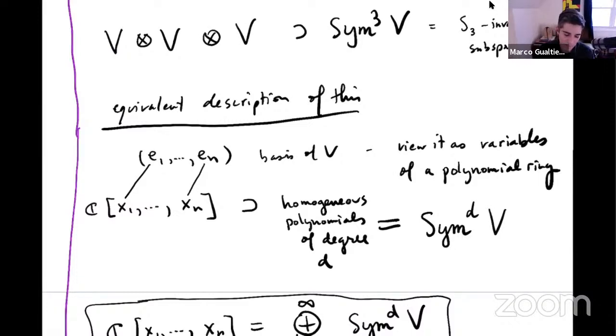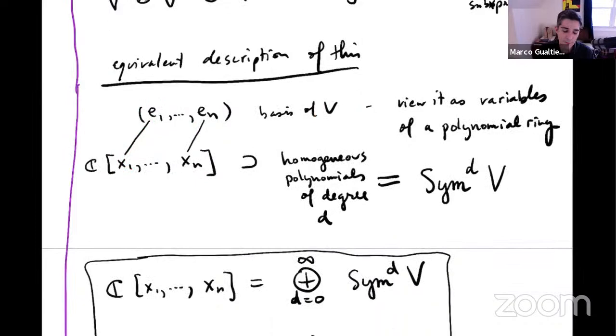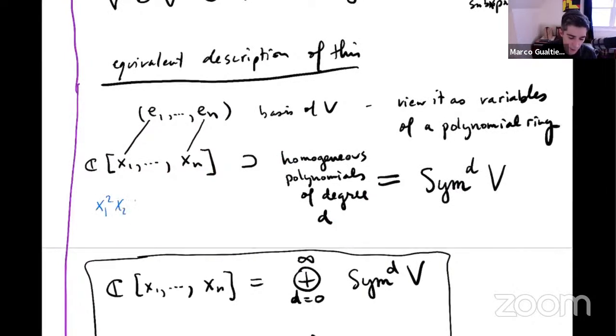Instead of thinking of this basis of V, identify this basis with the polynomial variables x1 up to xn. And if you have a polynomial which has homogeneous degree d, that's going to look like x1 squared x2 plus x3 squared x4 plus x5 cubed plus x1 x2 x3. This is a homogeneous polynomial of degree 3.